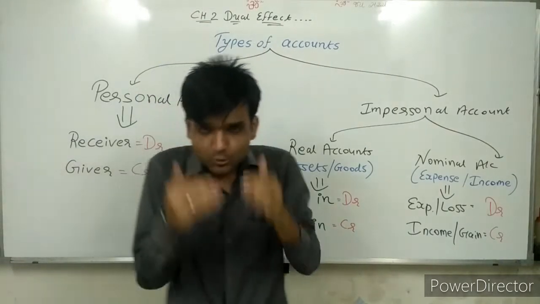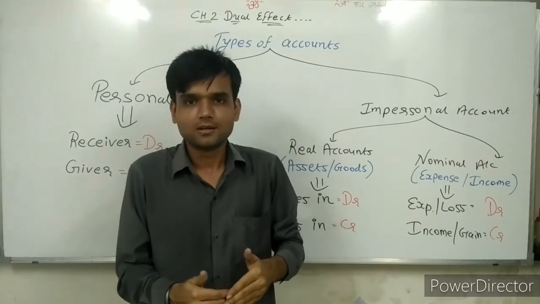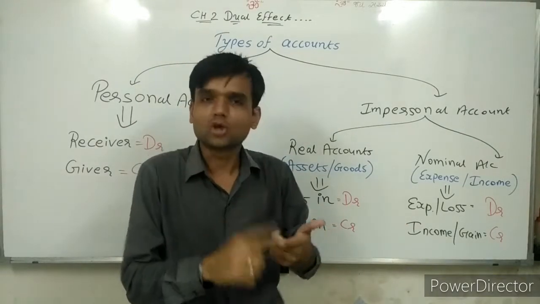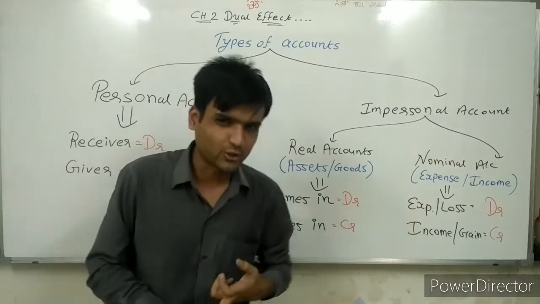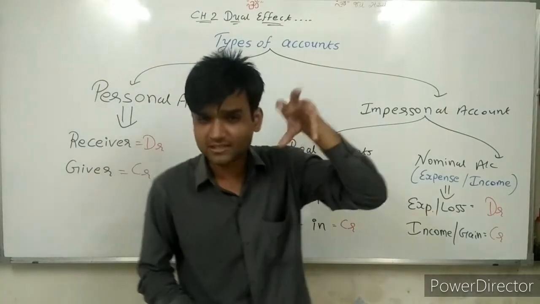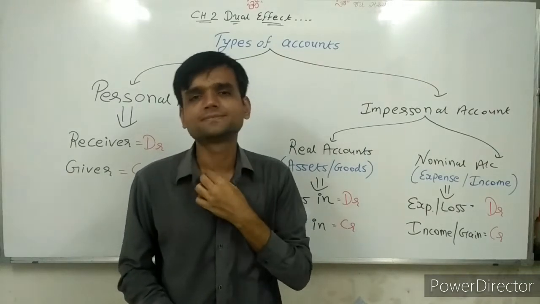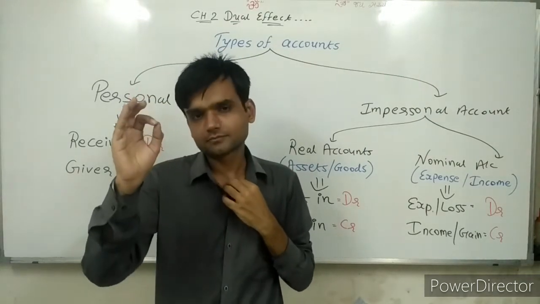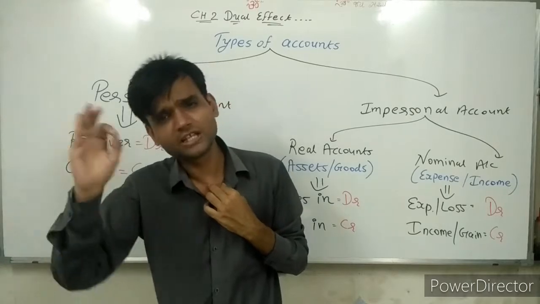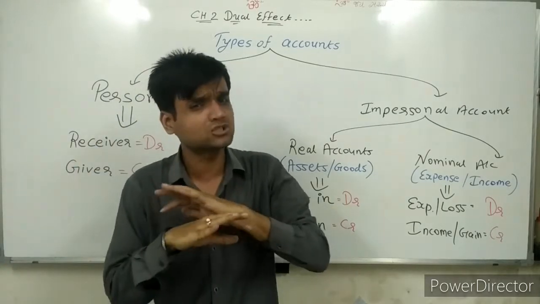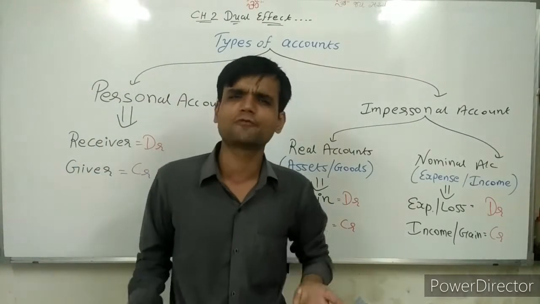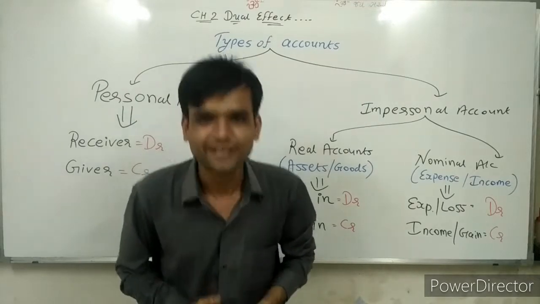So up to this lecture we have seen economic transaction and non-economic transaction. If it's an economic transaction, then we can give effect of it in the accounts. If it is a non-economic transaction, we cannot give effect in the account.